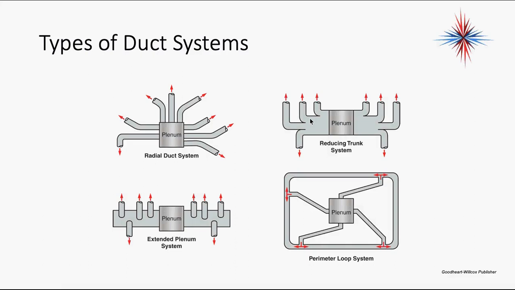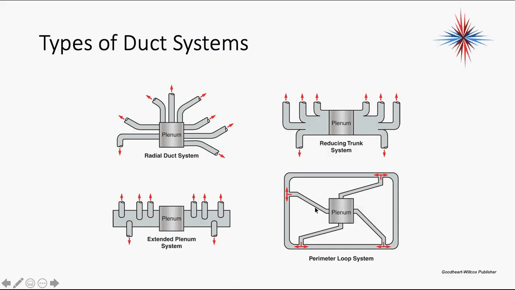That allows us to maintain pressure and velocity, so the air coming out of the duct closest to the system is going to have the same air pressure as the duct farthest away. Because as we take air away from a duct system, we have to reduce it in size in order to maintain the speed and pressure that we need to move the proper amount of air. So high-end installs use the reducing trunk system. Very important.